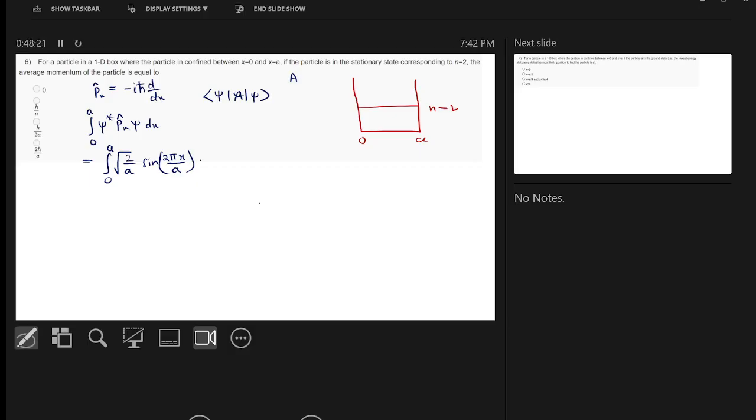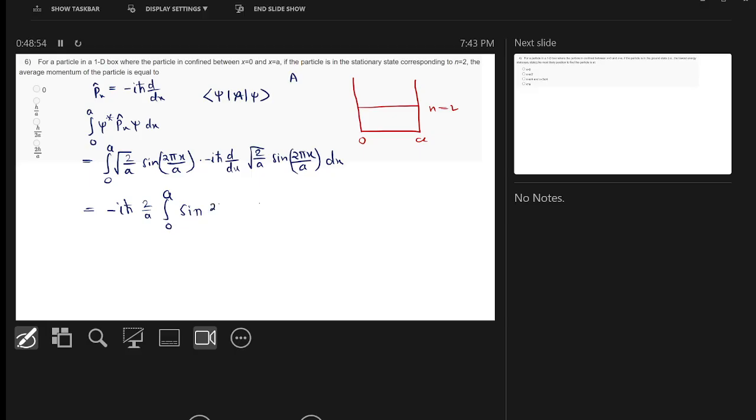In the middle we have minus i h cross d by dx. And here root 2 by a sine 2 pi x by a dx. So you can take out something, minus i h cross 2 by a, and then you will have 0 to a.